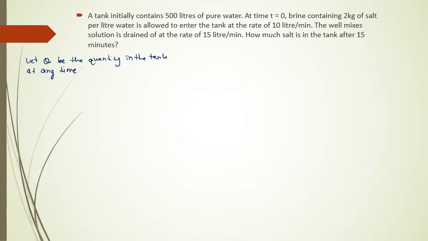Okay, so given that when T equal to 0, so our V naught is equal to 500 liter, and our Q naught equal to berapa Q naught kita? So dia ada pure water kat sini. So bila pure water tak ada apa-apa lah, kosong kan, dia tak ada salt. So our Q naught is 0.